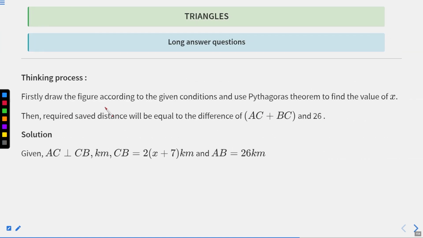So firstly, draw the figure according to the given conditions and use Pythagoras theorem to find the value of x. Okay, so then required saved distance will be equal to the difference of AC plus BC and 26. So here given AC is perpendicular to CB, CB is equal to 2 into (x plus 7) kilometer and AB is equal to 26 kilometer.